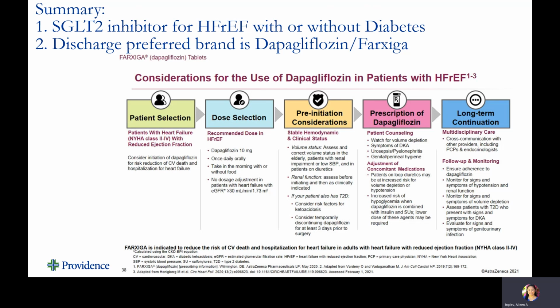And then also to make sure that they hold this drug, if they're to be NPO, at least 3 days prior to that procedure day. For prescription, we talked about side effects to watch for, and encouragement for the patient to just have really good perineal hygiene because of the risk of genitourinary infection.